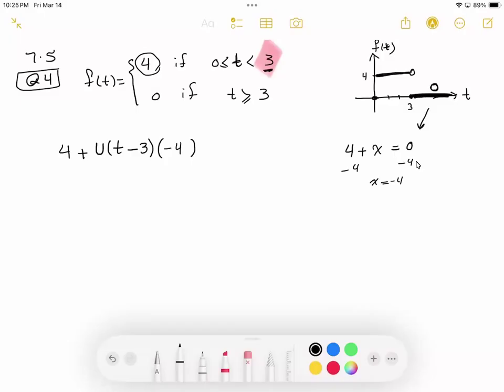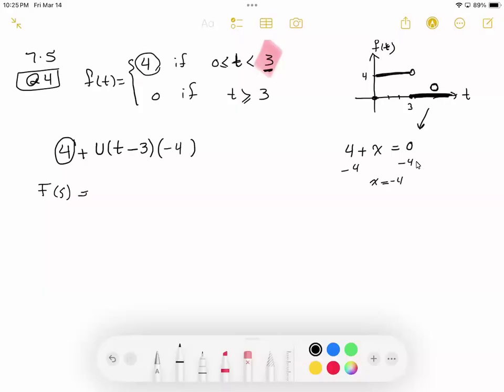So now we are going to use the table to find F of s. The way you find F of s is you use the table when you have just the number.